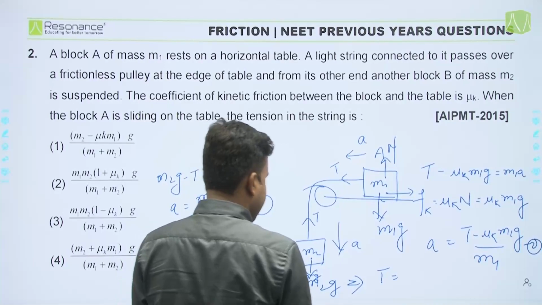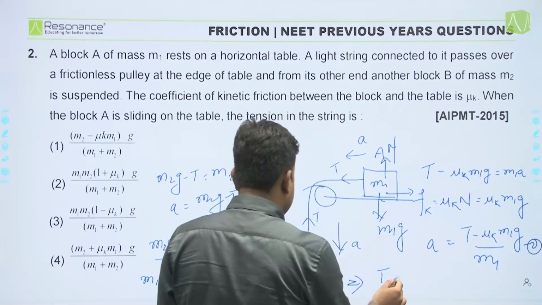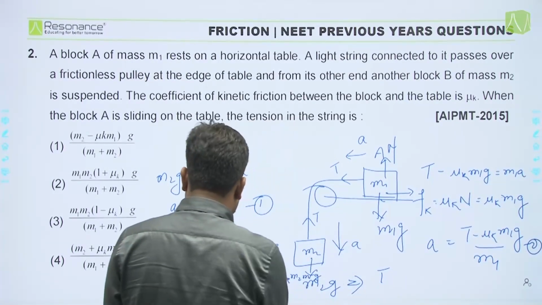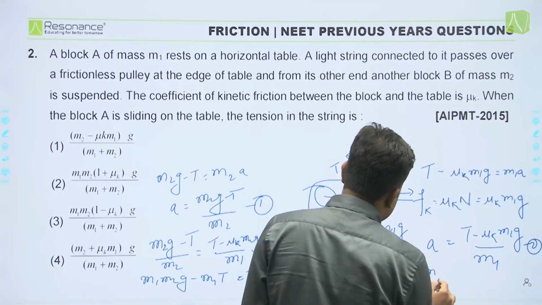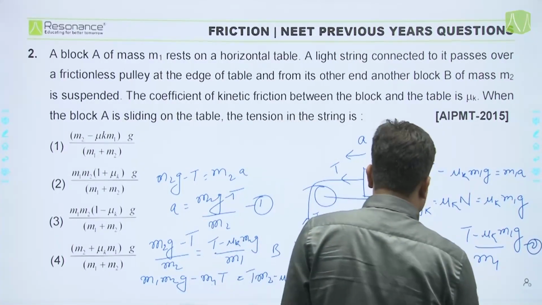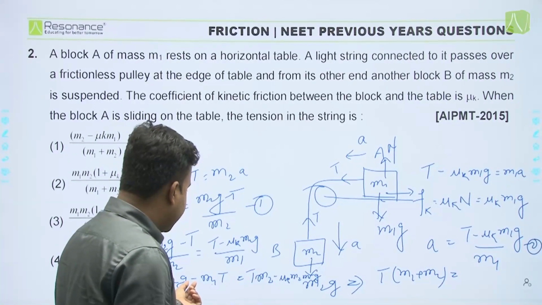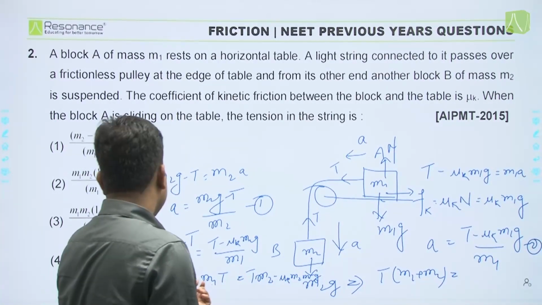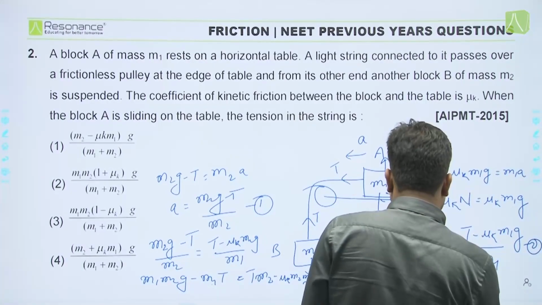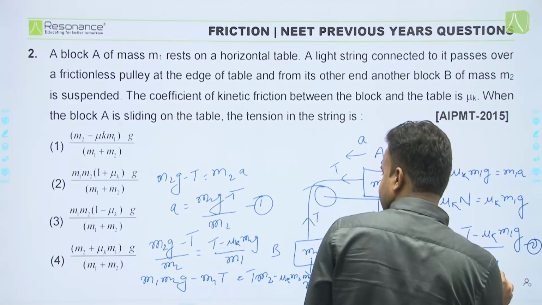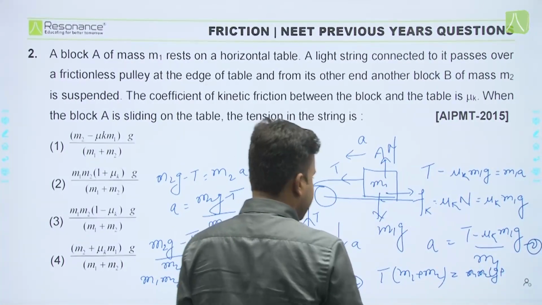sorry, let me first write one more equation, there is no need to shorten it too much. So, T, if you are bringing this one to this side, we can write T into m1 plus m2 is equal to, now the left part is m1 m2 g, and if you are bringing this one to this side, it will come with a positive sign.